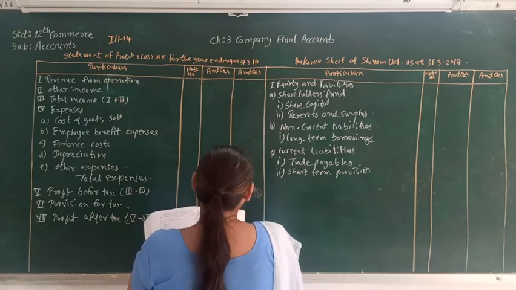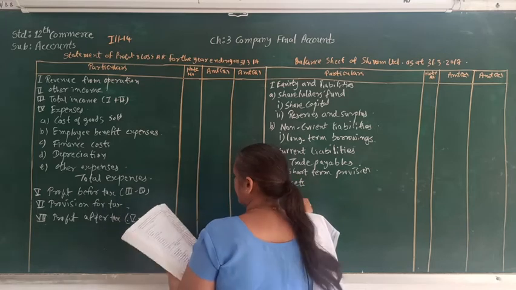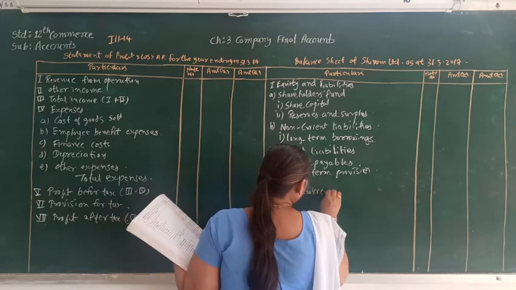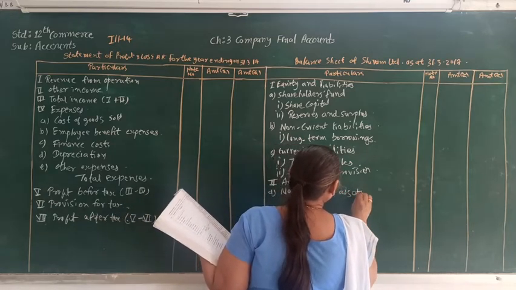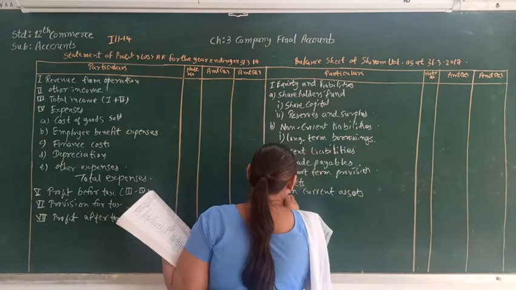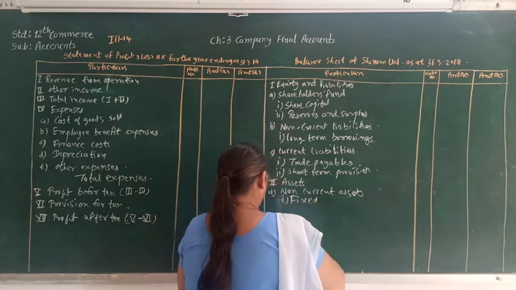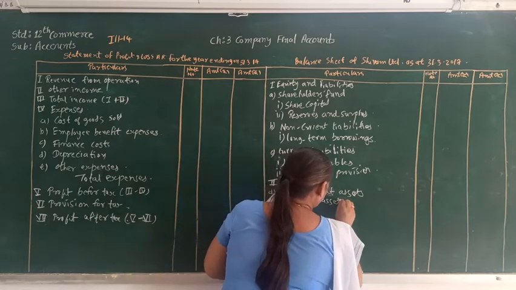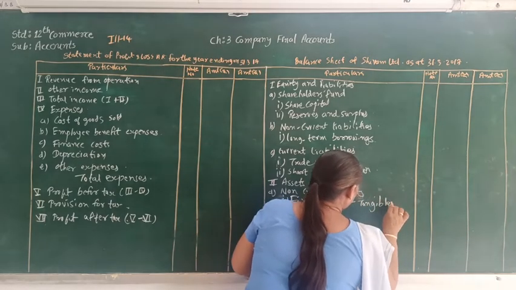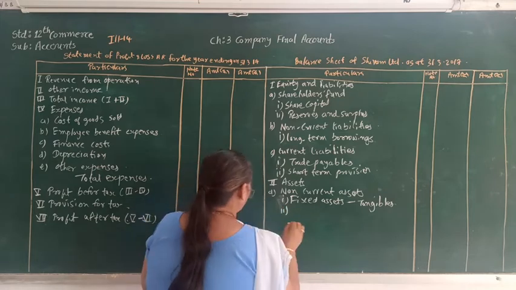Now let's see the second heading, and that is assets. In the assets, the very first is non-current asset, that is fixed asset. In that, tangible asset. The second heading is non-current investment.